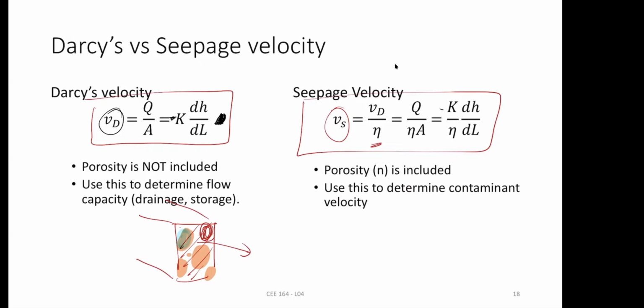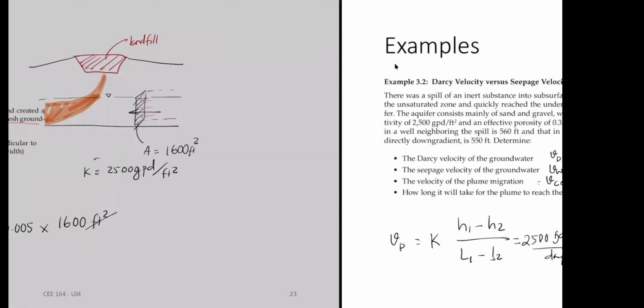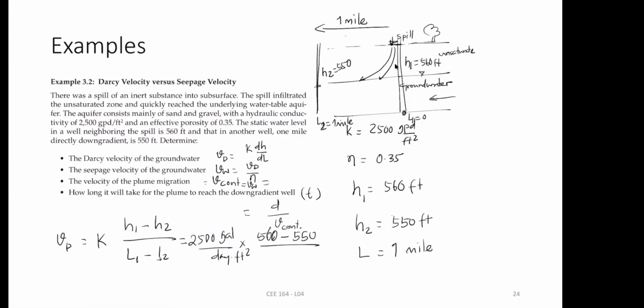I'll tell you because I know that last class they made a mistake. Then I realized this is something I want to confirm here. A lot of times when I write Darcy's velocity is k dh over dl, this number is always given as, last time I said, 0.005. So it's a positive number.